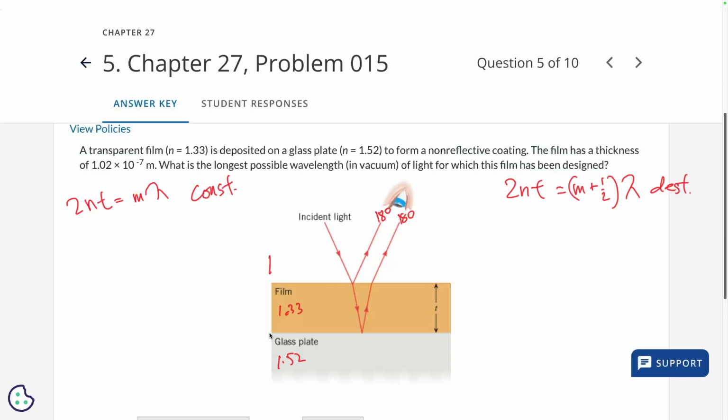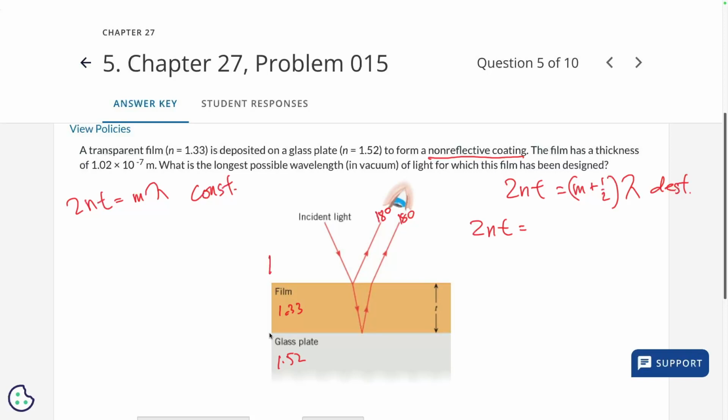What is the longest, okay, so they're telling me the biggest possible wavelength of light for which this film has been designed. What has it been designed for? Non-reflective coating. The word non-reflective implies which of these two cases? Destructive, right? You want to kill the reflection.